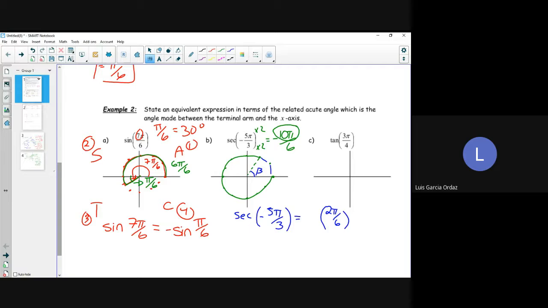So secant of negative 5 pi over 3 is the same thing as saying secant of 2 pi over 6, which if we simplify gives us secant of pi over 3. Oh, the 2 just went away because we just simplified the numerator and the denominator.